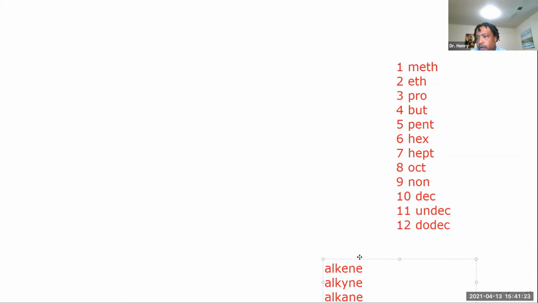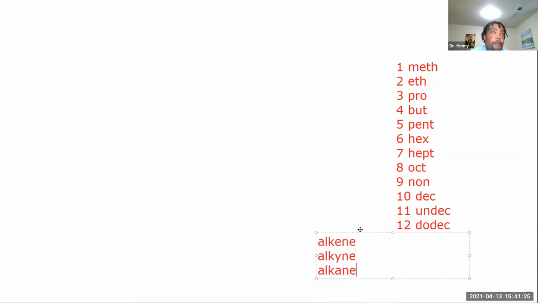Okay. Now, what do I mean by pecking order? The higher functional group takes precedence. They have priority over the other guy. Does that make sense? So alkene has priority. The reason, to be honest, I don't know why.